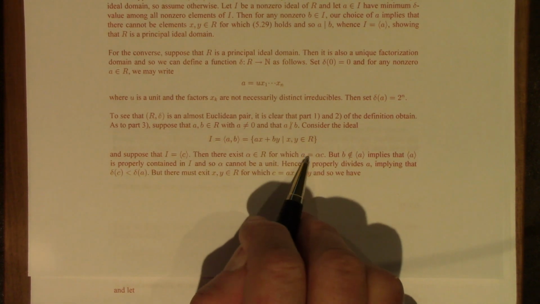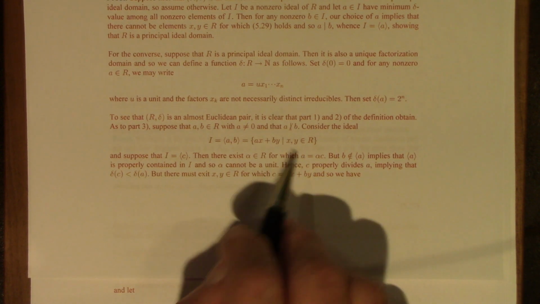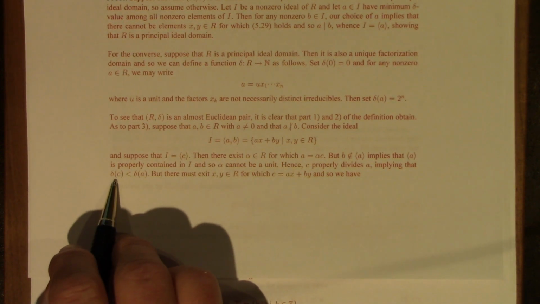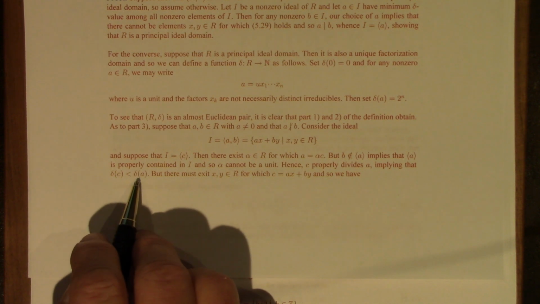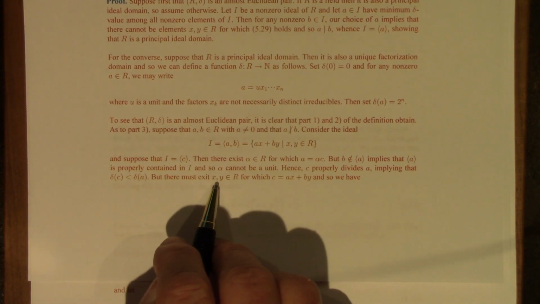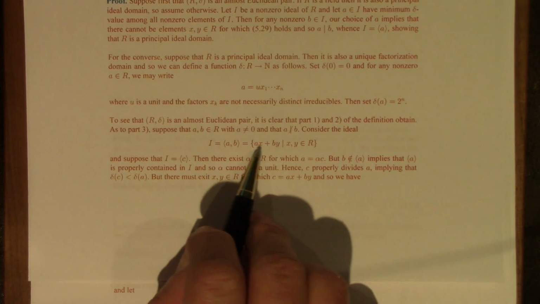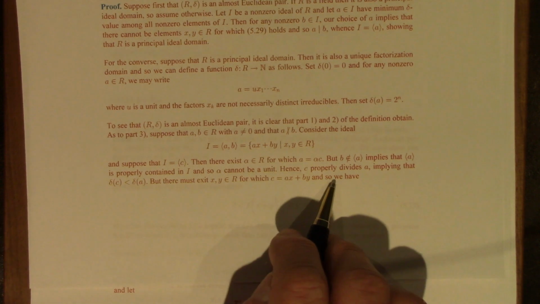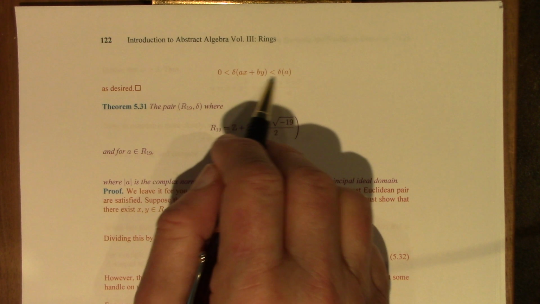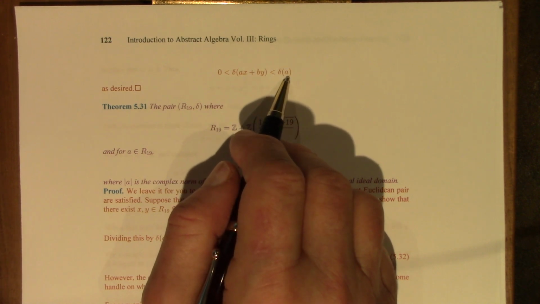So C properly divides A, and that implies that delta C is strictly less than delta A. But there must exist x and y in R for which C is Ax plus By, because C belongs to this ideal. So we have the inequalities that we're looking for, and that completes the proof.